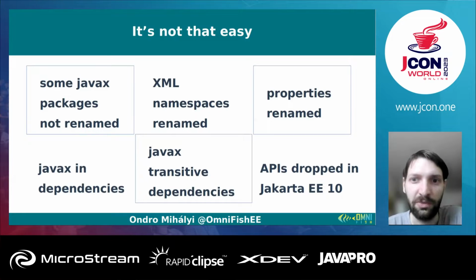So if you configure something in those XMLs or in some other places, you also have to think about renaming them. Sometimes you also need to refer to the full classes, including the package name, in text files, mostly again in XMLs or in facelets if you use Jakarta Faces.